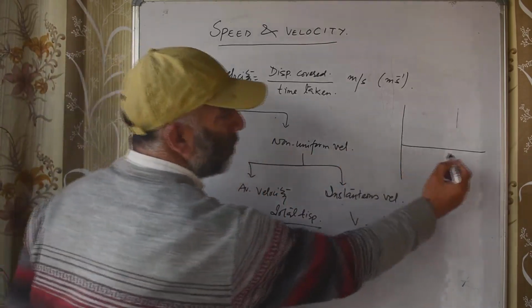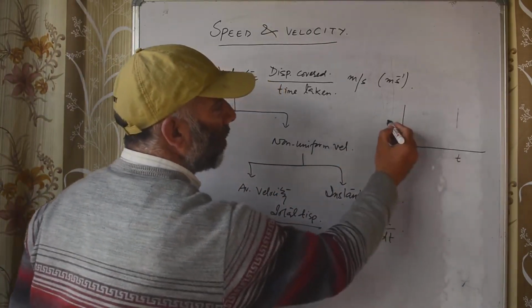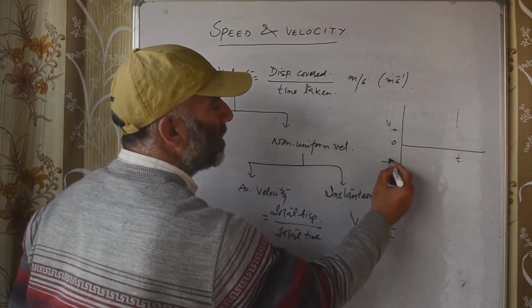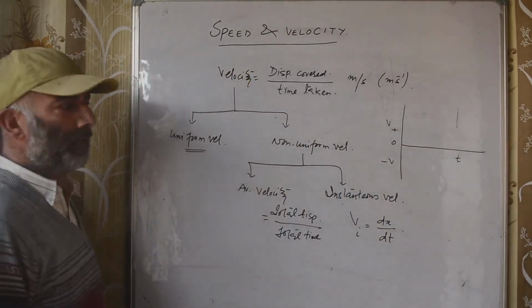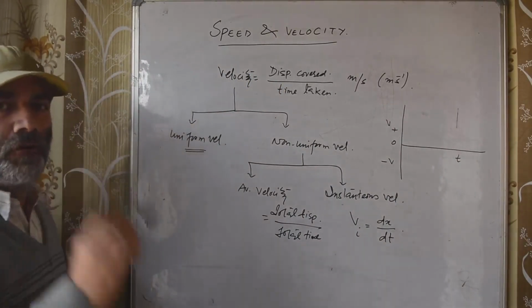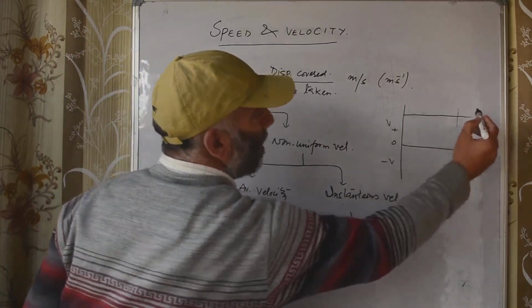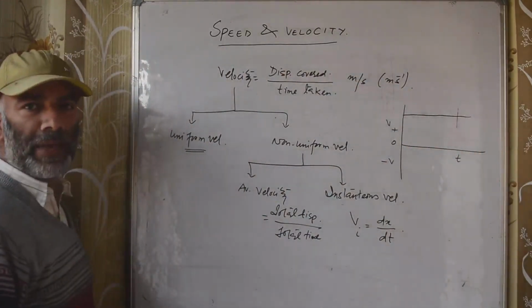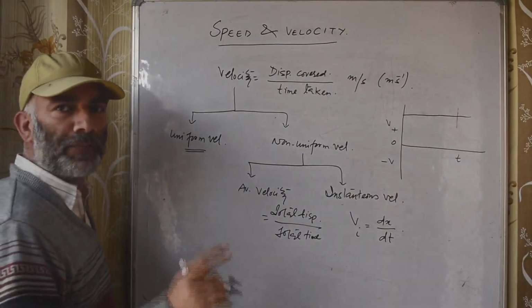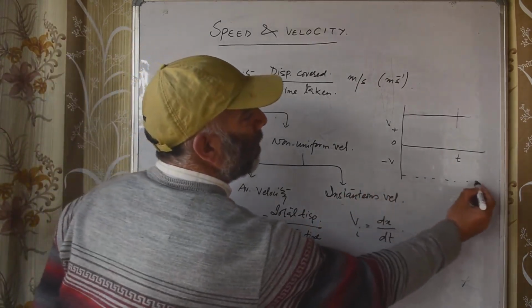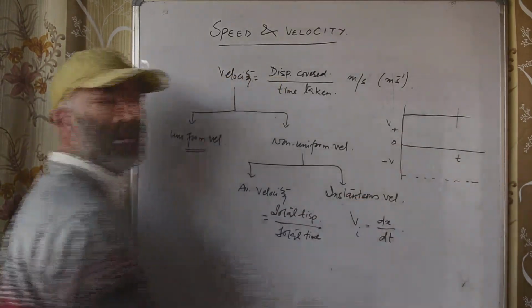So this is time and this is the velocity. This is taken as positive velocity above, and this is known as negative velocity. So in case of uniform velocity, the velocity time graph will be a straight line exactly parallel to the time axis. If the object is possessing the positive velocity, it is above the time axis; if negative velocity, it will be below the time axis but parallel to the time axis.